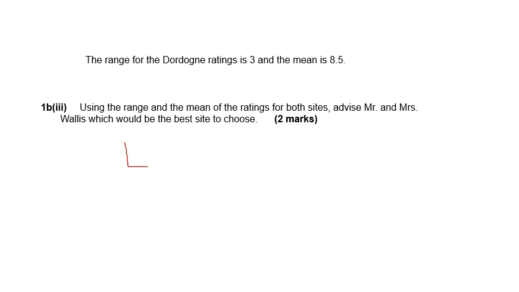Okay, so L for Loire, D for Dordogne. Okay, and from our previous answers, we know that the mean, I'll just put M for mean here, the mean for Loire is 8.05.